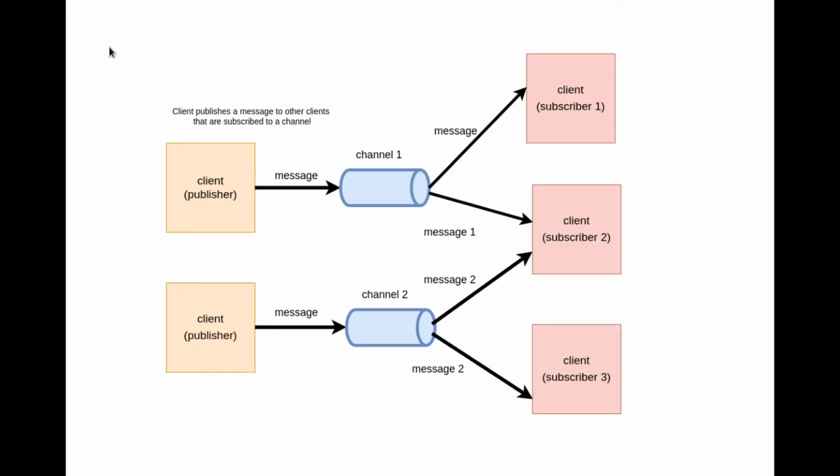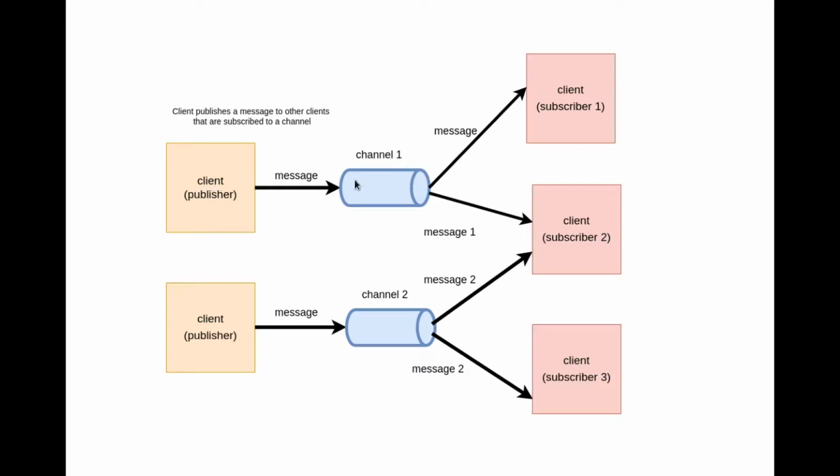Now, this is a very simple diagram to show how this may work in reality. A client will publish a message to other clients that are subscribed to a particular channel. In this case, we have channel 1, and subscriber 1 and subscriber 2 are the only ones subscribed to channel 1.